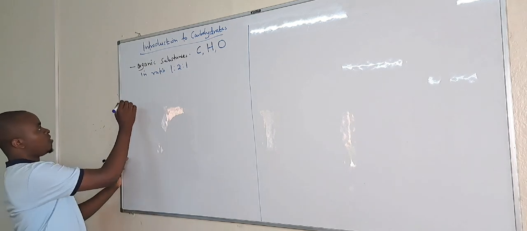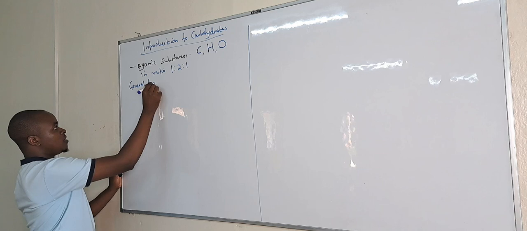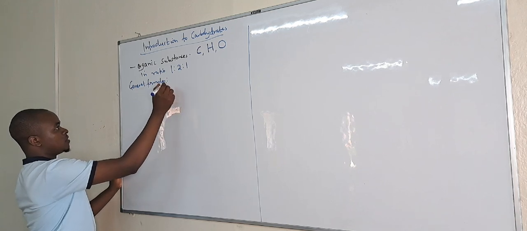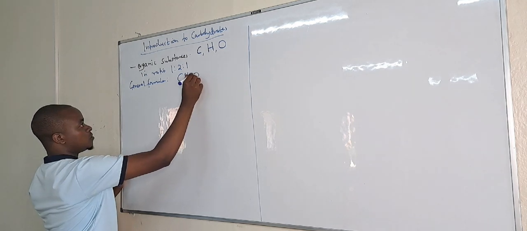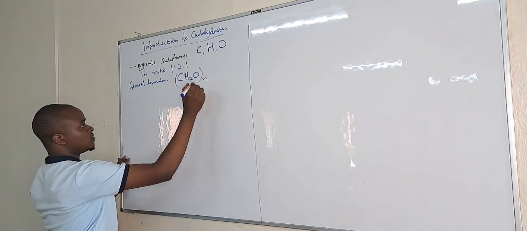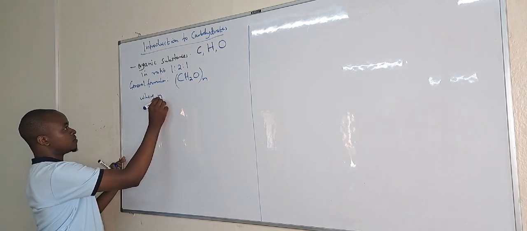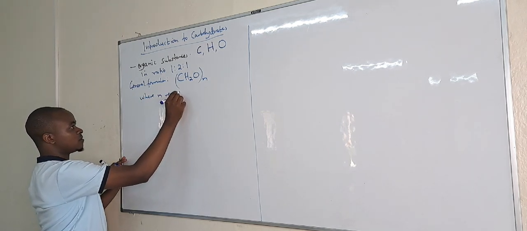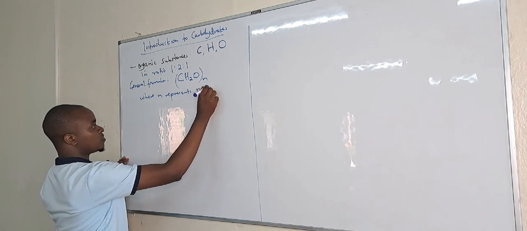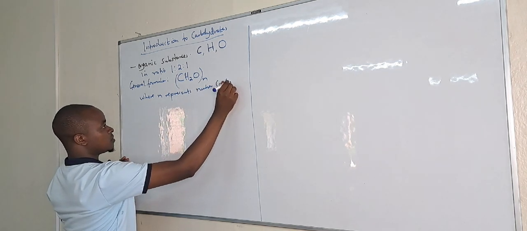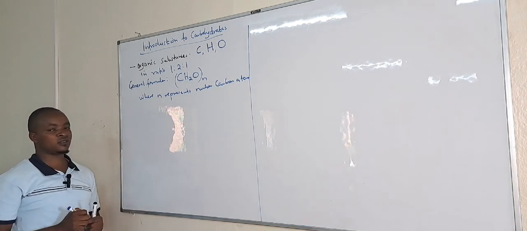Meaning the general formula of carbohydrates is CH2O in brackets N, where N represents the number of carbon atoms.